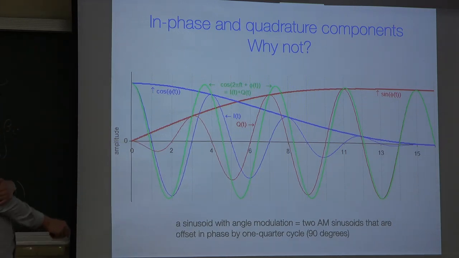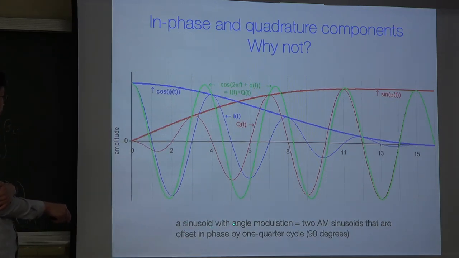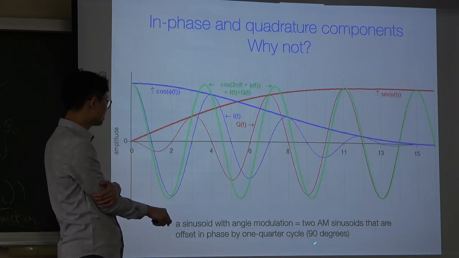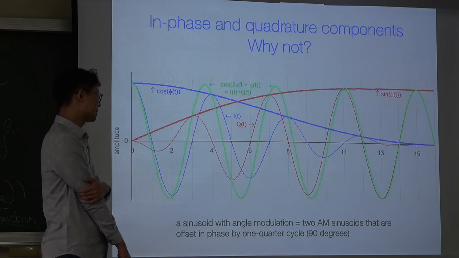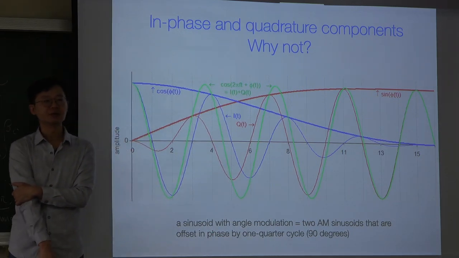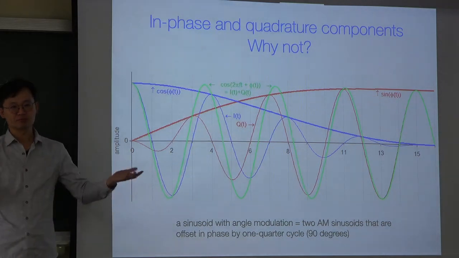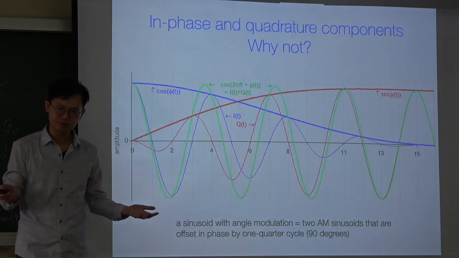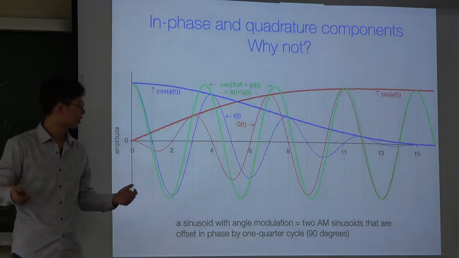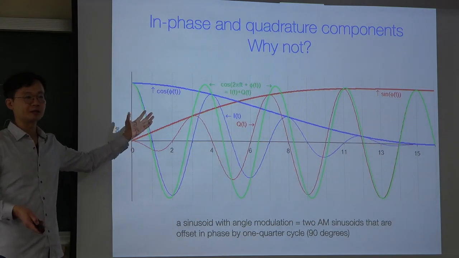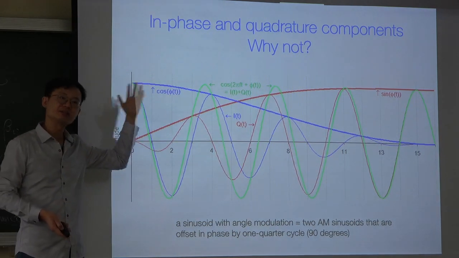So once you have a sinusoidal function with angle modulation, it can be written as 2 amplitude modulated sinusoids that are offset in phase by 1/4 cycle. Okay, that is very simple. If you ever went to junior high school or senior high school, I forget, you will learn this, how to play with this game. But the question is, which one is better? Why do you prefer one instead of the other?